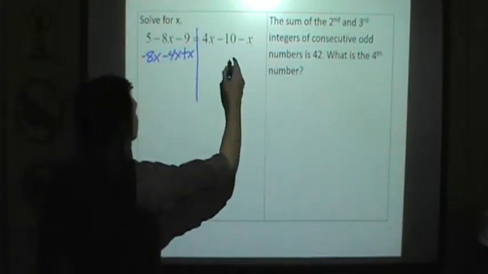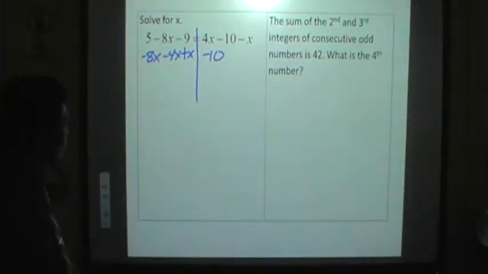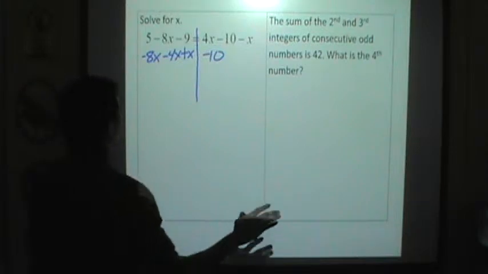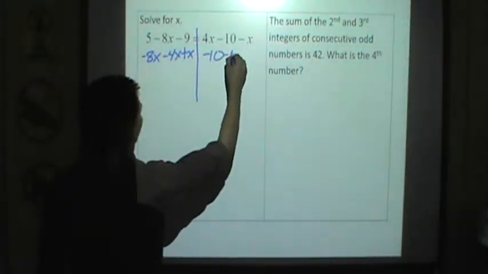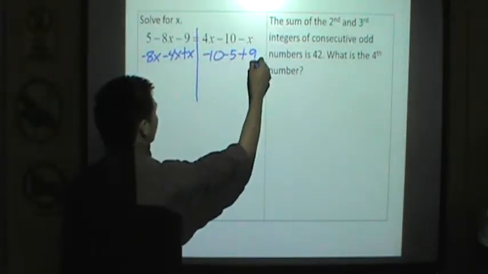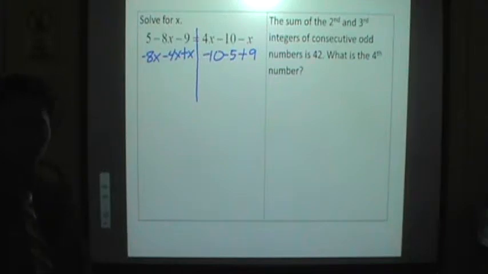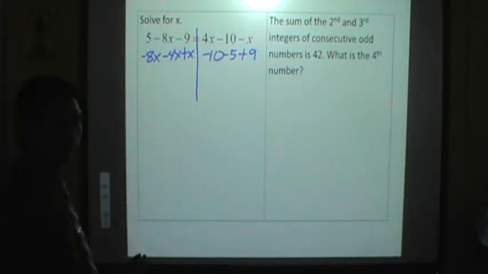Now on the other side, we must have all the constants, all the numbers without the x, without the variable. So here I'm keeping negative 10, 5 over becomes negative 5, and then negative 9 over becomes positive 9. Again, when you move a number or a term over the equal sign, over the bridge, over the line, you have to change the sign.